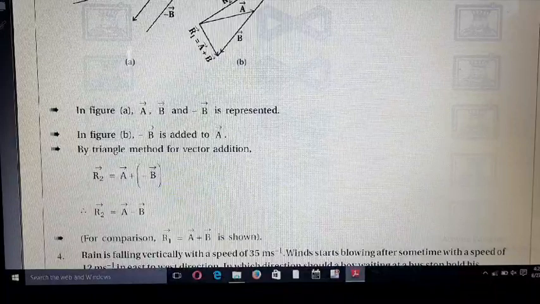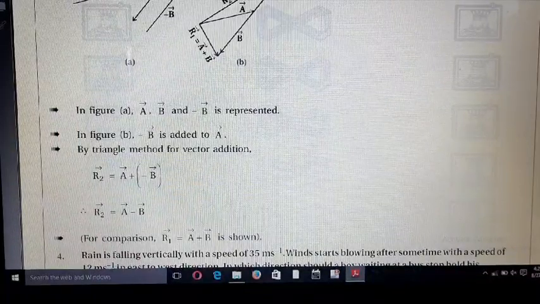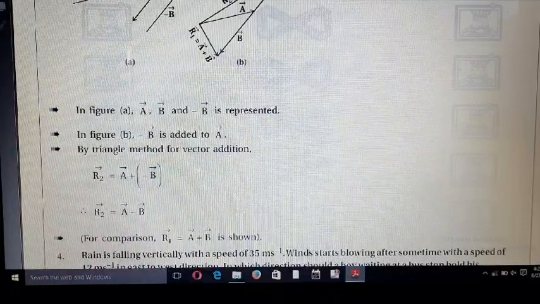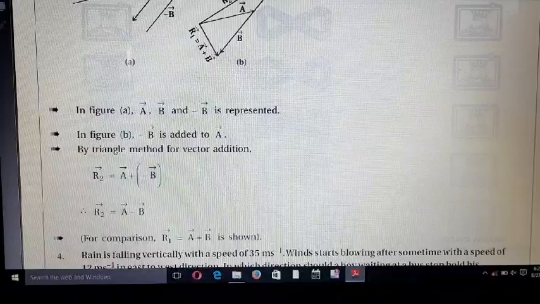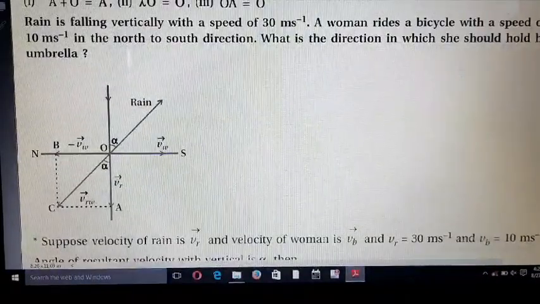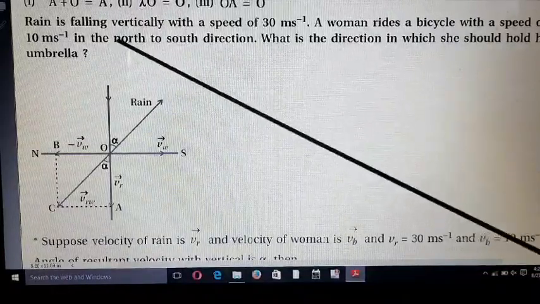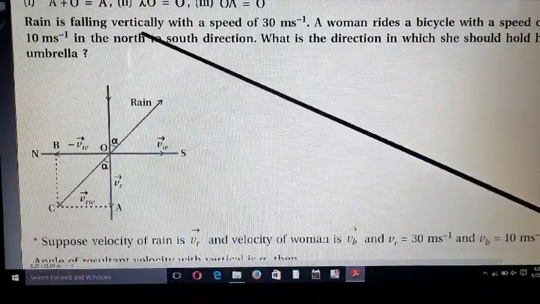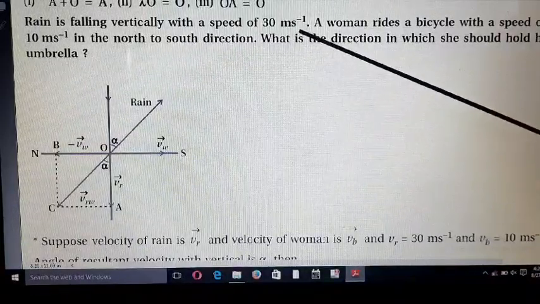Now we show two examples, illustration number 4.1 and exercise example number 4.12. Our question is: rain is falling vertically with a speed of 30 meter per second.